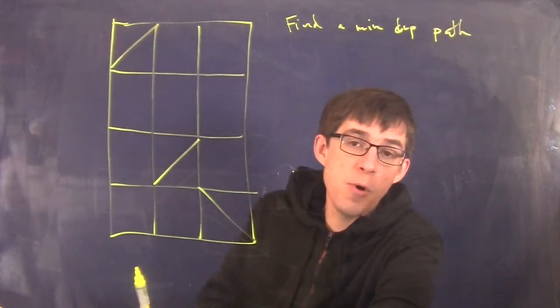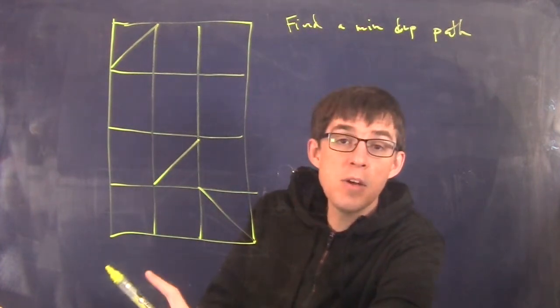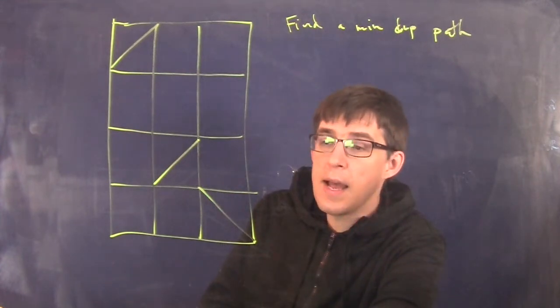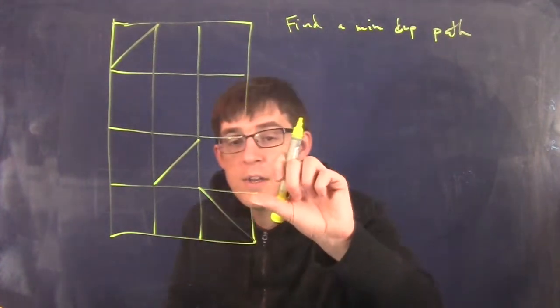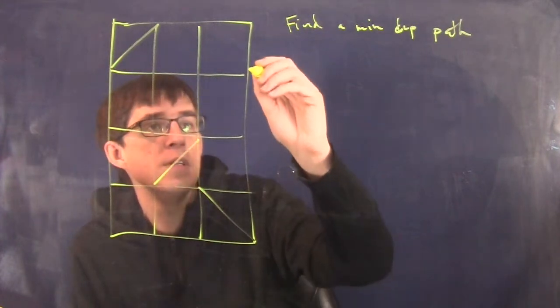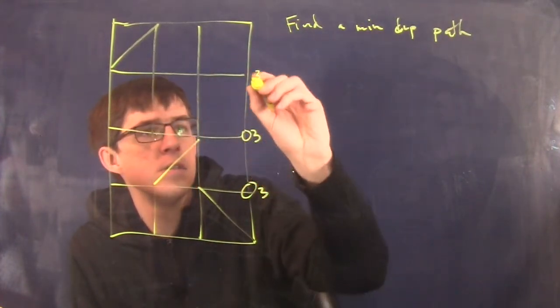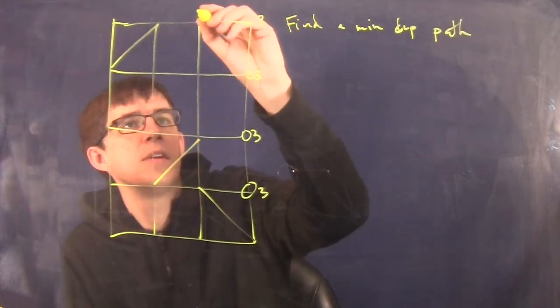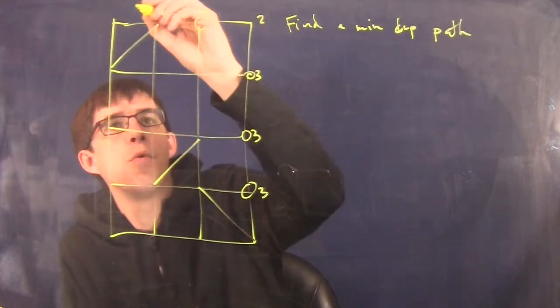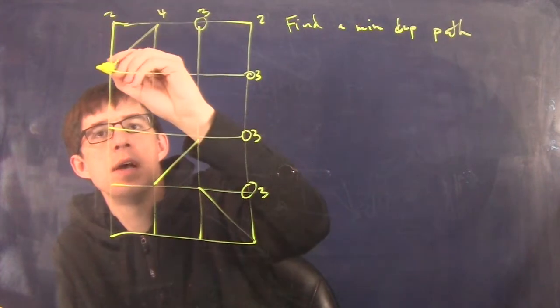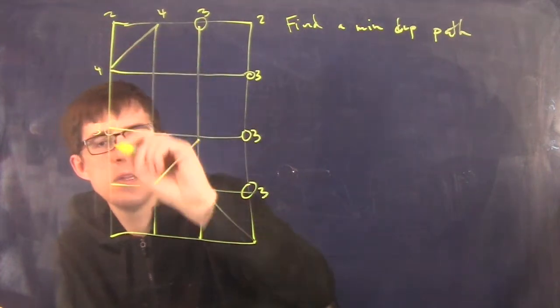Anyway, we do the same old thing, which is begin by looking at the degrees with an eye out for odd degrees. There's a bunch of 3s here, and those are all odds. This is a 2, which is not. That's a 3, which is odd. This is a 4, that's okay. That's a 2. That's a 4. That's a 3, odd.